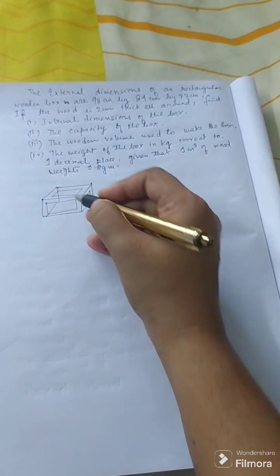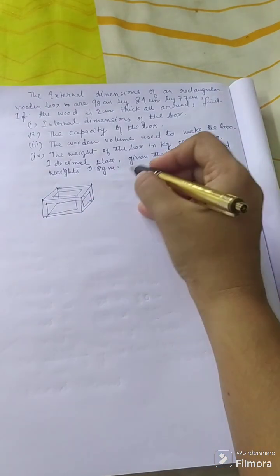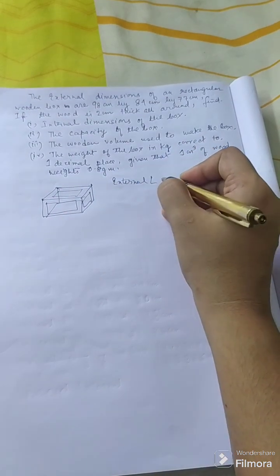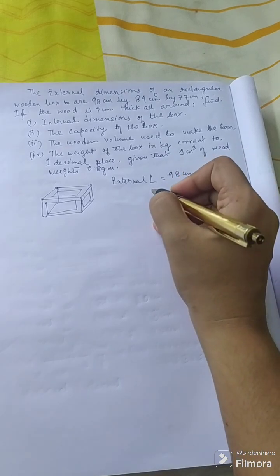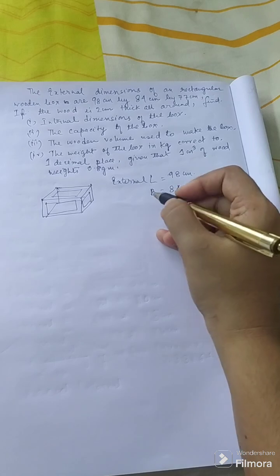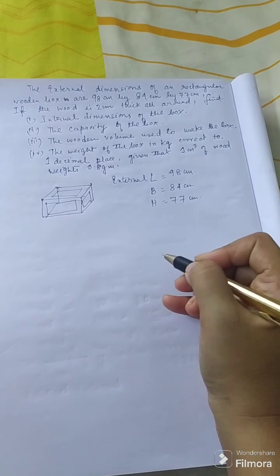So obviously the dimensions given here are the external dimensions. External length is 98 centimeter, external breadth is 84 centimeter, and external height is about 77 centimeter.